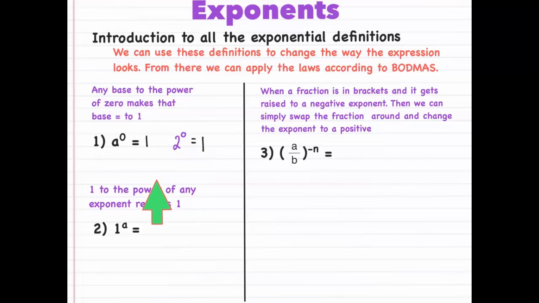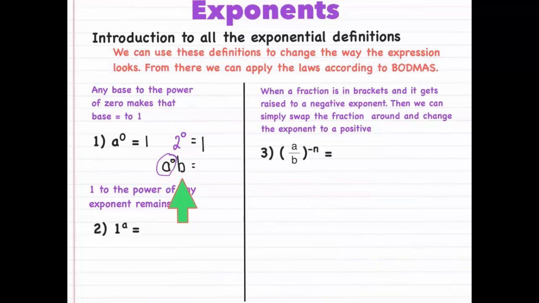Now what if I write a and then I write a to the power of 0 and I write b? What will be the answer? Now what's very important to understand here is that it's only the a, only this base that has a power of 0. So only this a, and I'm going to circle it in purple for you, so only this base has a power of 0.